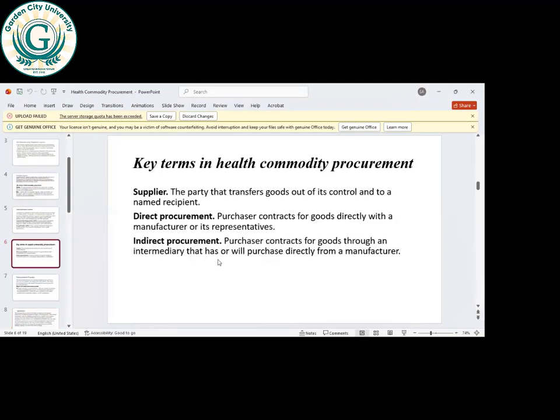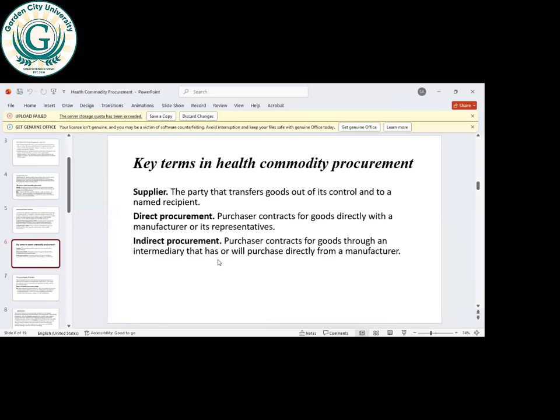So still under the key terms in health commodity procurement, we have supplier, the party that transfers goods out of its control to a named recipient. Sometimes you may hear this word in supply chain. When you hear vendor, supplier, contractor, they mean the same. They are used interchangeably depending on the sector you find yourself.